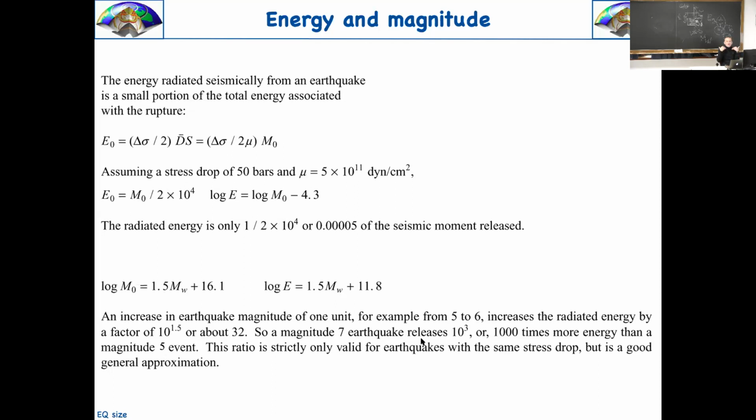So this means that one step, remember that magnitude is a continuous scale, one step in magnitude means a factor of 32 here, and this means a factor of 1,000 in energy released.